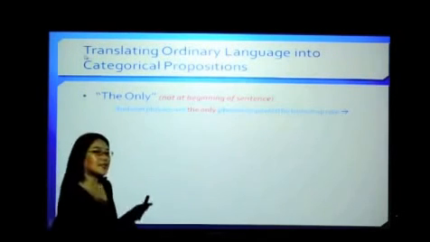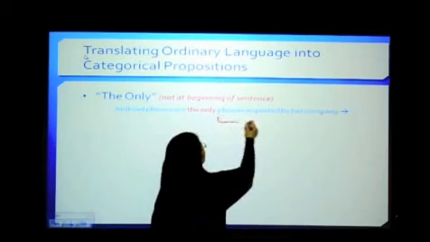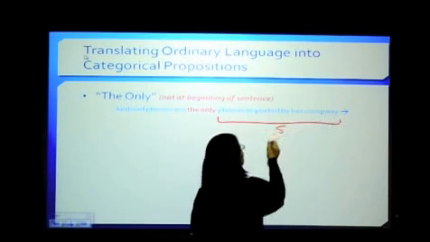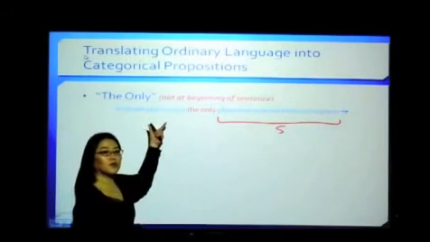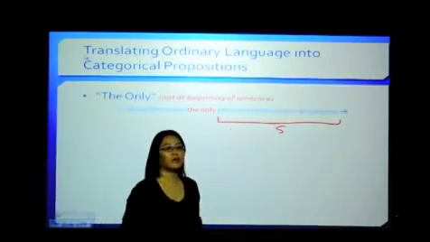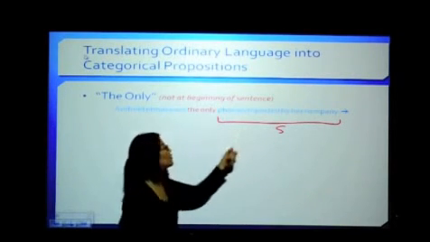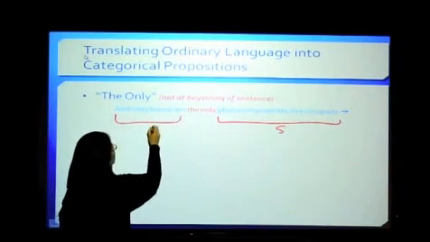In this case, the subject term will be what follows the only. So this is the subject term, not Android phones. The statement is actually about phones that are imported by her company, and those phones are Android phones. So this will be the predicate term.